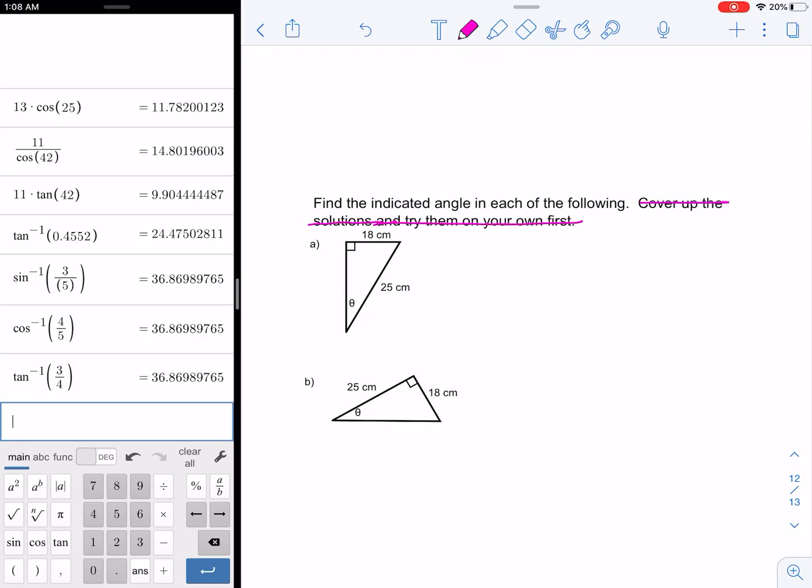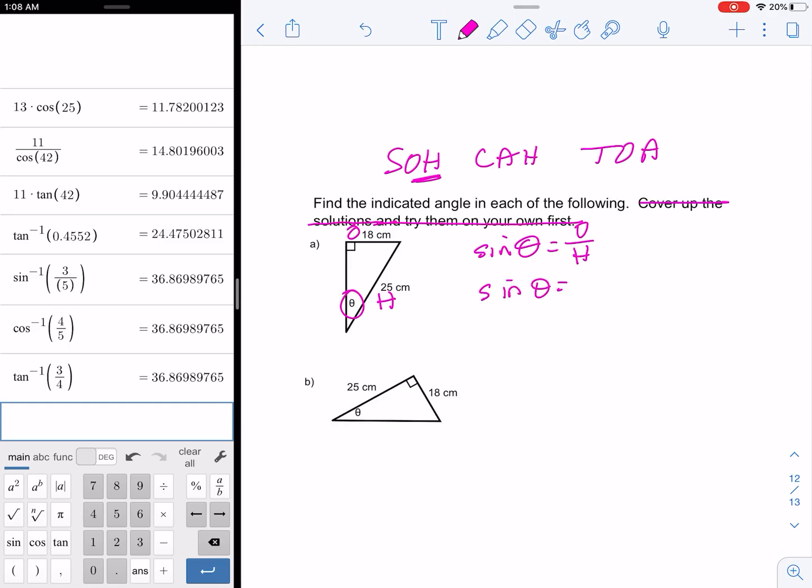Okay, welcome back. So this is my reference angle. This side is the opposite, this side is the hypotenuse. So in this case, you're not asking yourself what side do I know and what side am I looking for? We know both sides. So this time you're going to ask yourself, which two sides do I know? And again, SOHCAHTOA. Opposite and hypotenuse is sine. So sine of theta equals opposite over hypotenuse.